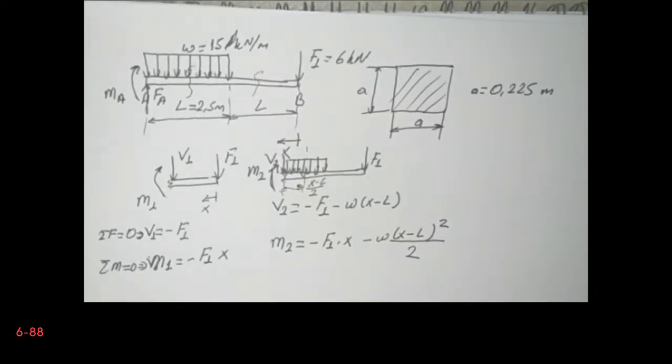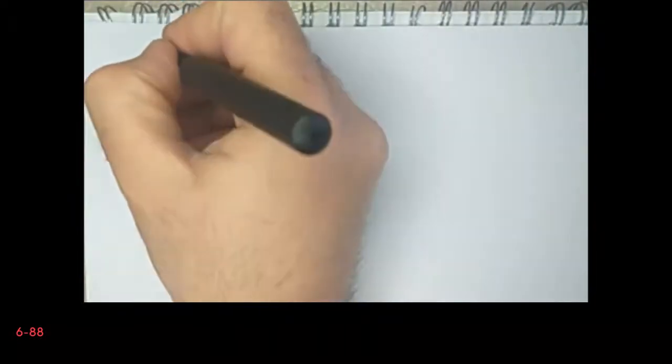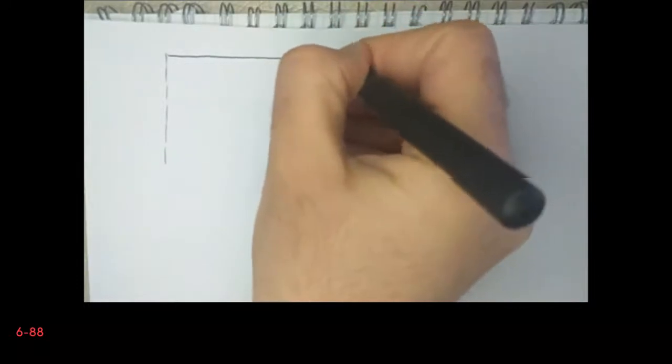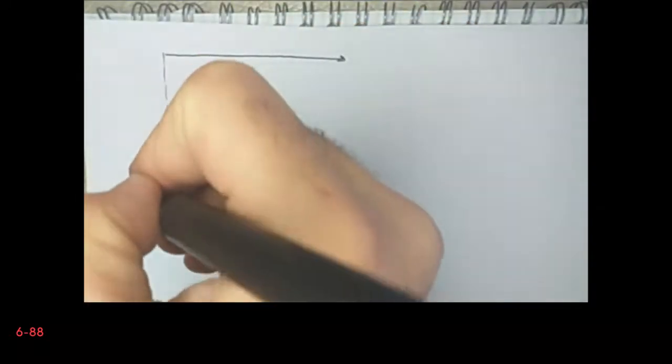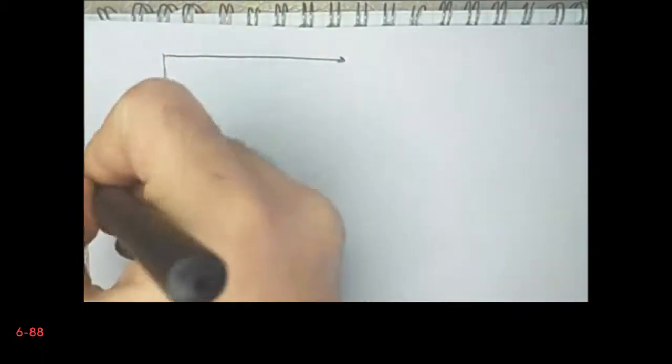Now let's draw the moment diagram for this problem. So the moments are negative in general. As we see, the bending moments are negative. So I will draw the negative side. So this is my moment.